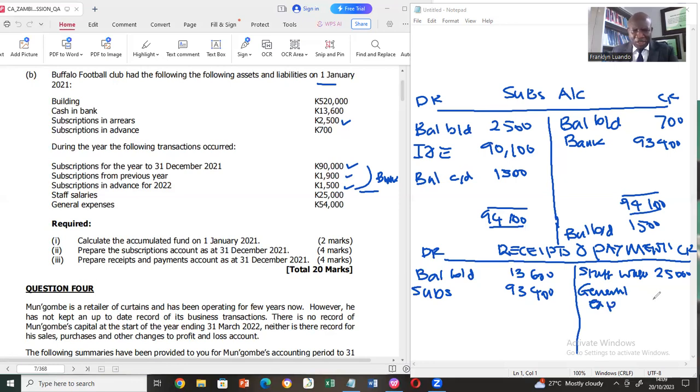General expenses, we have 54,000. Total 107,000. You transfer on the other side, 107,000. The closing balance, which is favorable, which is 28,000, which is brought down here.